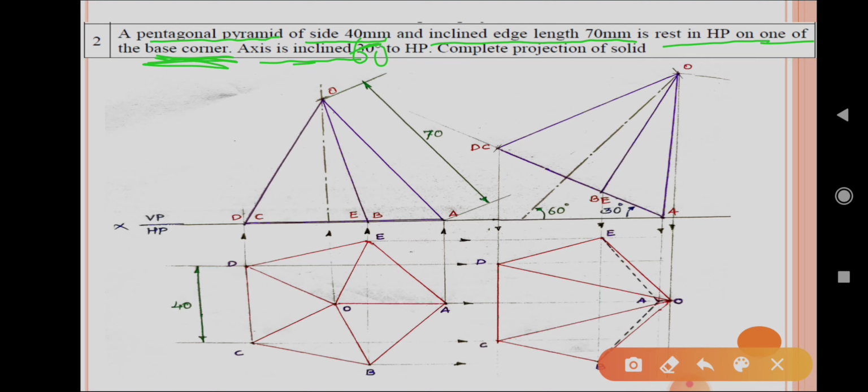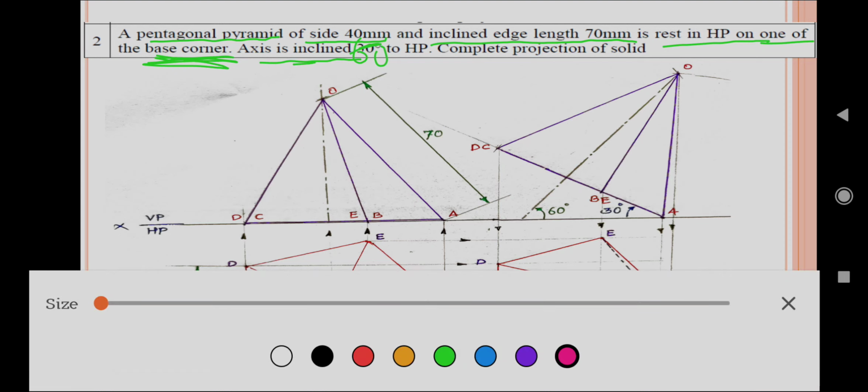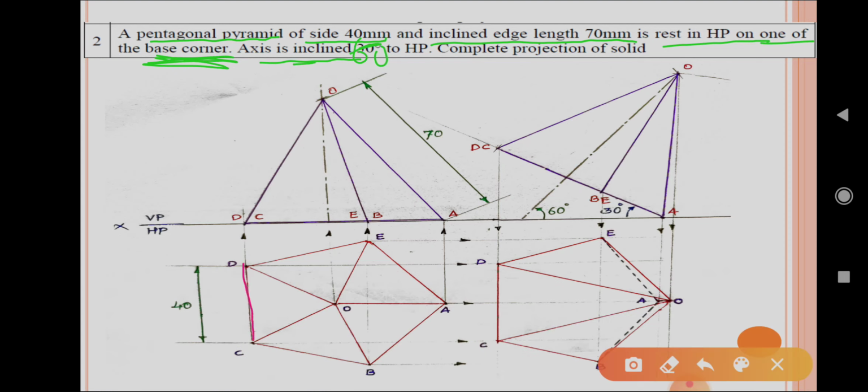First in this problem, we take a vertical line perpendicular to XY and complete the pentagon. Using letters at the base, we mark point A at the separate corner, then B, C, D and E points, and the axis, that is O. We connect the apex to the slant edges, all five corners.